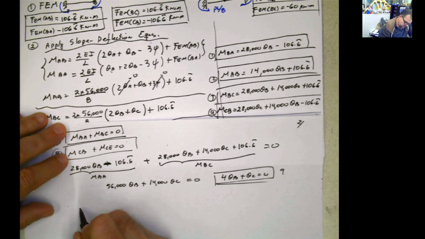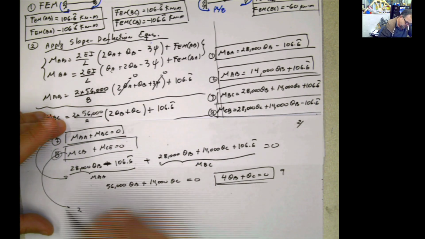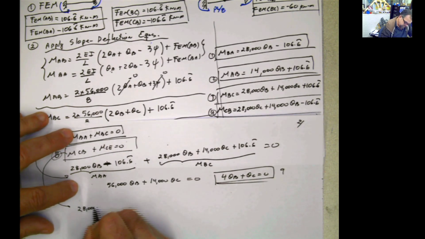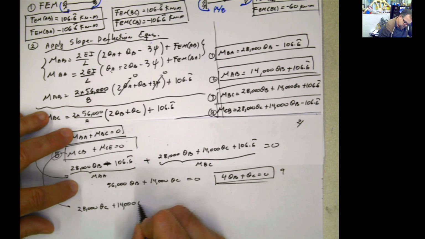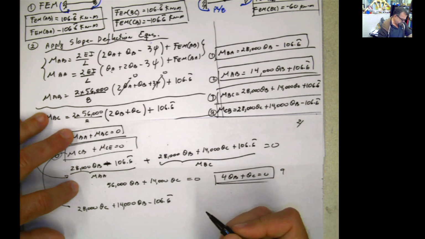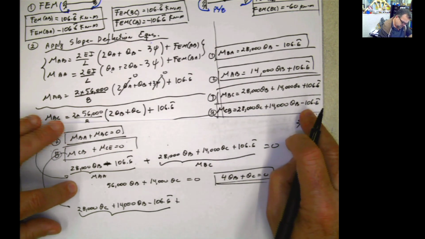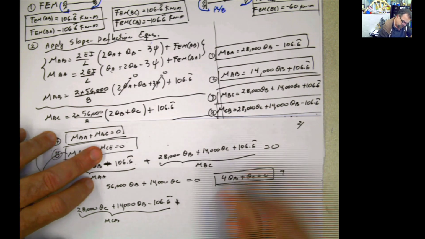MCB, 28,000. So this one corresponds to this one. Now I'm going to do that. 28,000 theta C plus 14,000 theta B minus 106.6 plus, remember this is MCB, plus MCE.